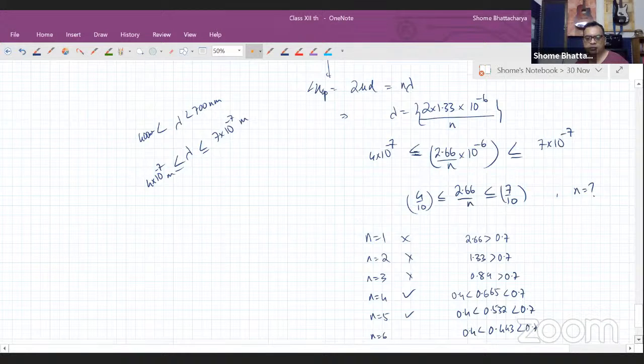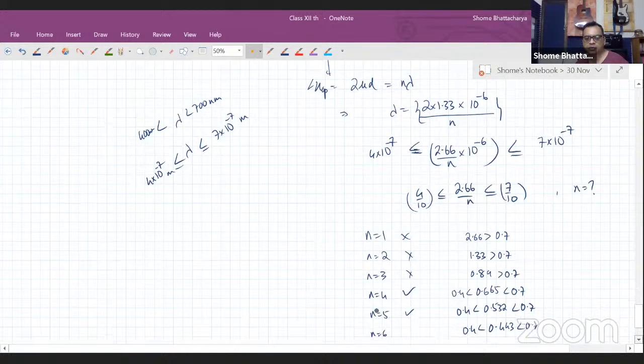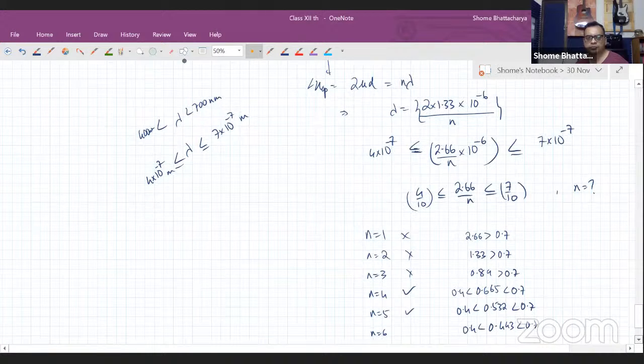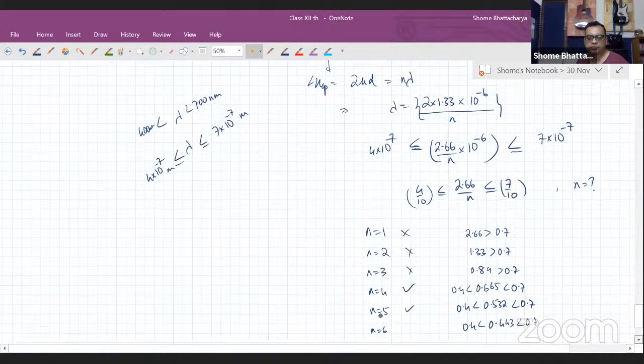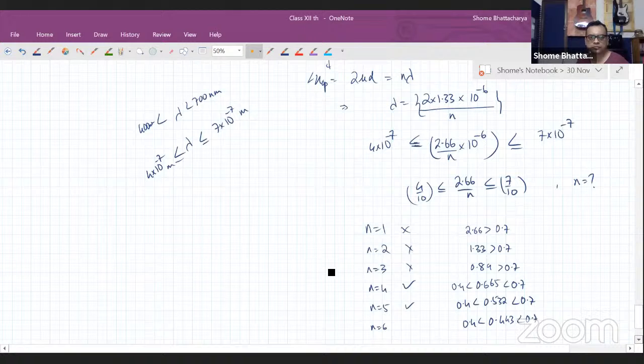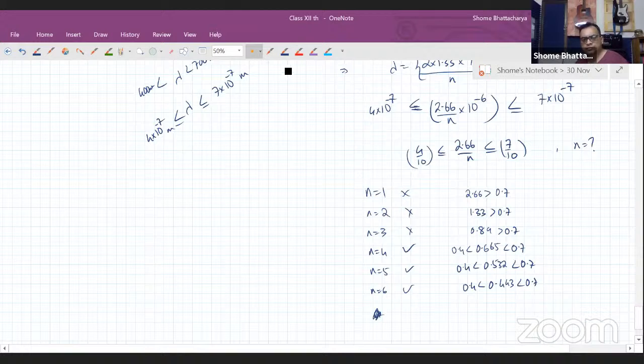But n equal to 7, I think will again come below 0.4. You get 2.66 divided by 7. That will be 0.38. So that is less than 0.4. So this is not okay. So these are the three values of n.